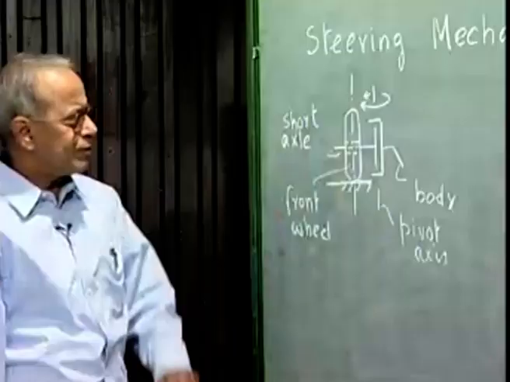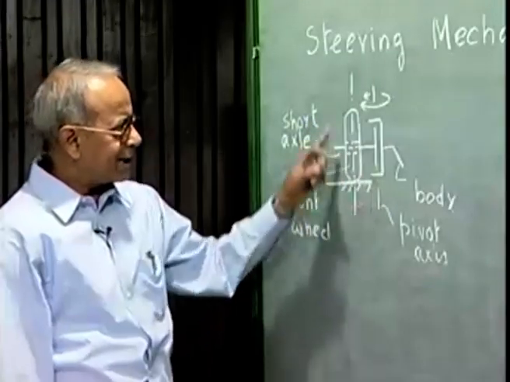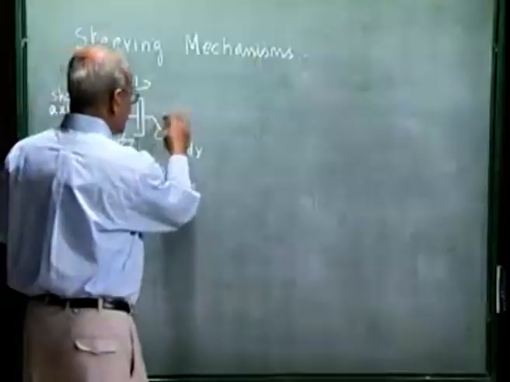There are other types of steering mechanisms where this pivot axis may not be vertical. It is inclined from the vertical.